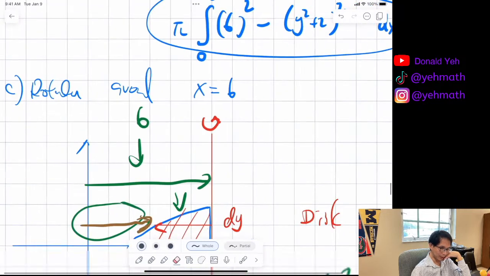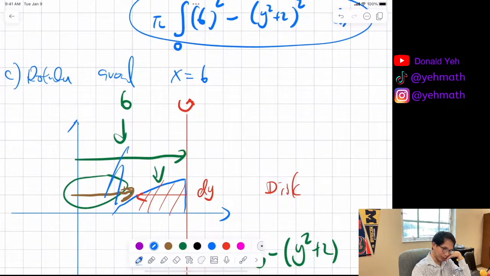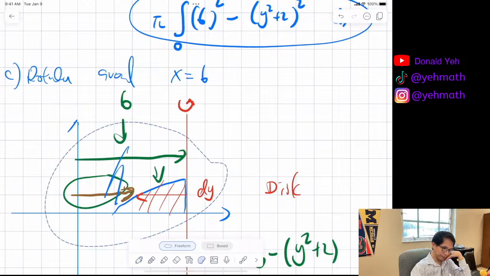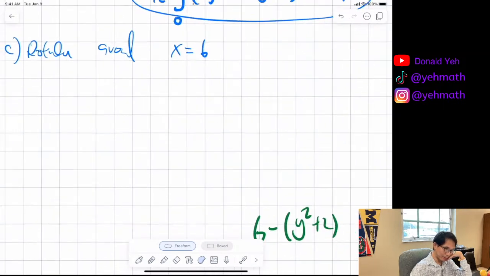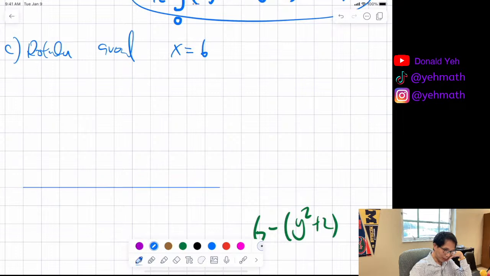So what happened is, I'm gonna redo it here. This is kind of interesting. This is a disk method. The reason why it's this method is if I'm going from here to here, we stop right here, and we're rotating around this red line.